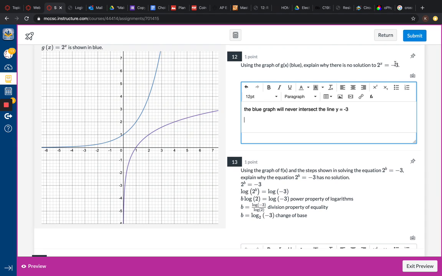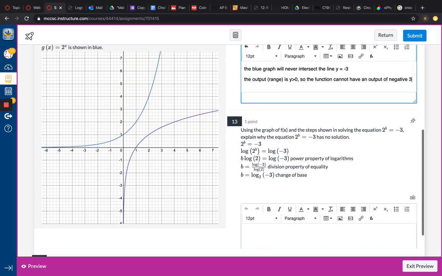Our input's x, our output's over here. The range is y has to be greater than 0, so the function cannot have an output of negative 3. All right, so just some things there.